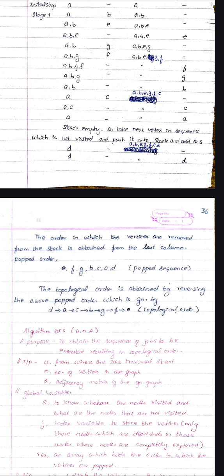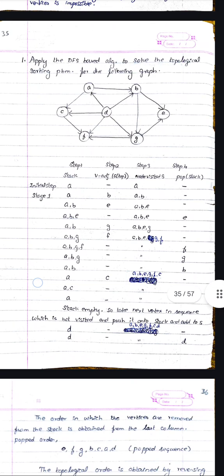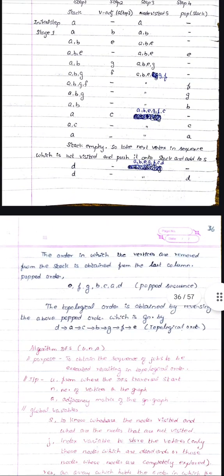So we take the next vertex in sequence which is not visited and push it onto the stack. Add to S, which is D. D, then pop D. The stack is empty, so take the next vertex in the sequence.